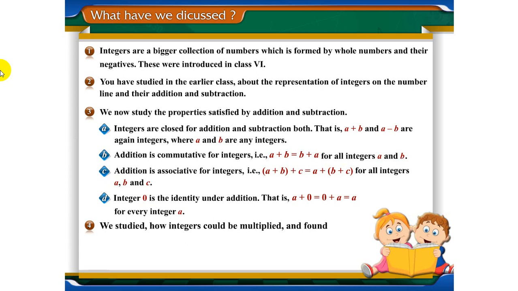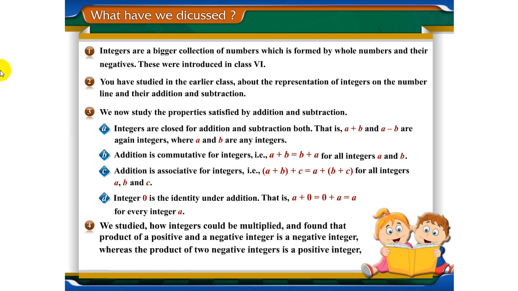4. We studied how integers could be multiplied and found that the product of a positive and a negative integer is a negative integer, whereas the product of two negative integers is a positive integer.